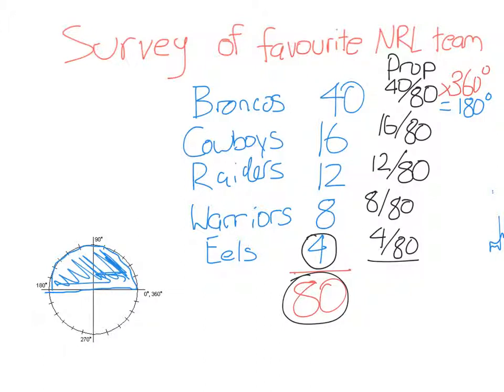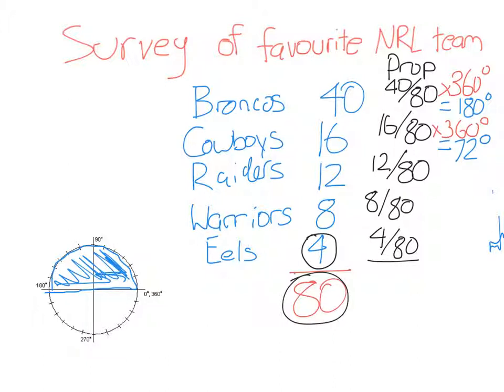So I do a similar calculation. I do 16 over 80 times 360 degrees, because there are 360 degrees in a circle. And you can let your calculator do the work. That comes out as 72 degrees. So what that means is that I want to devote 72 degrees of this sector graph to the Cowboys.